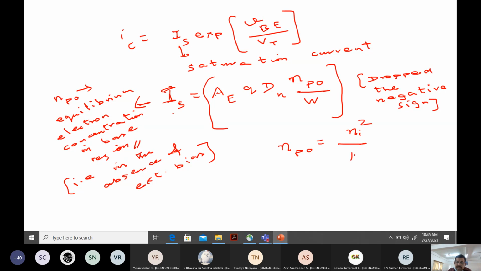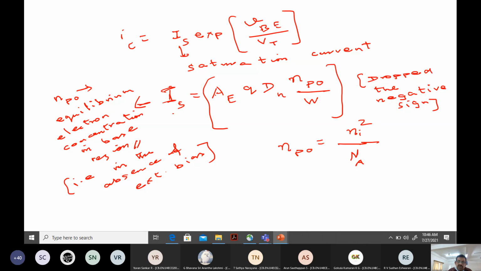PP naught is given by approximately the acceptor impurity in the base region, which is the P region. So this is the saturation current. Knowing the area of cross section, the diffusion coefficient of electrons, and the doping level, one can calculate the saturation current without any problem.